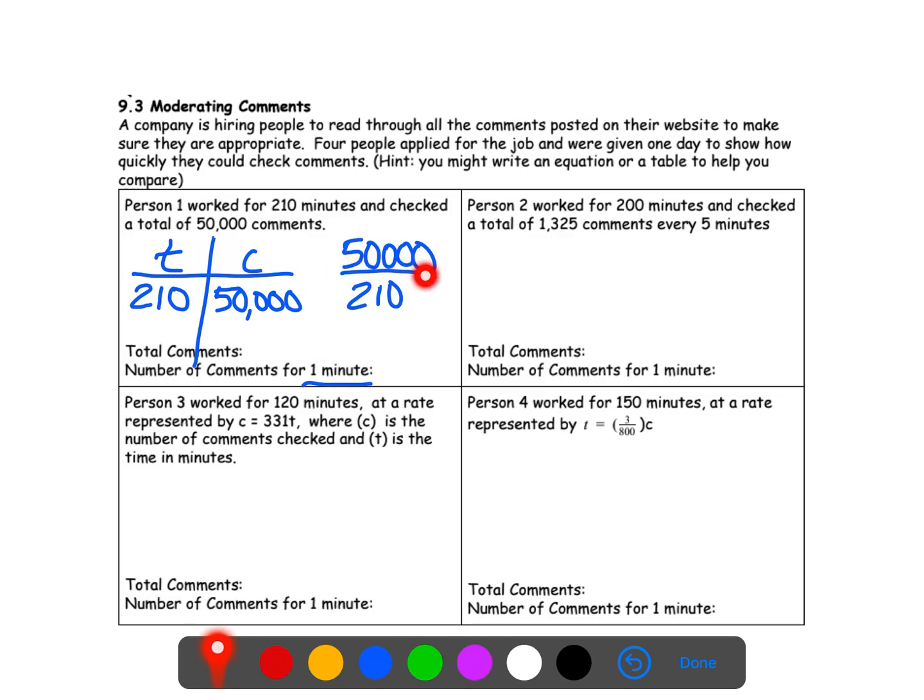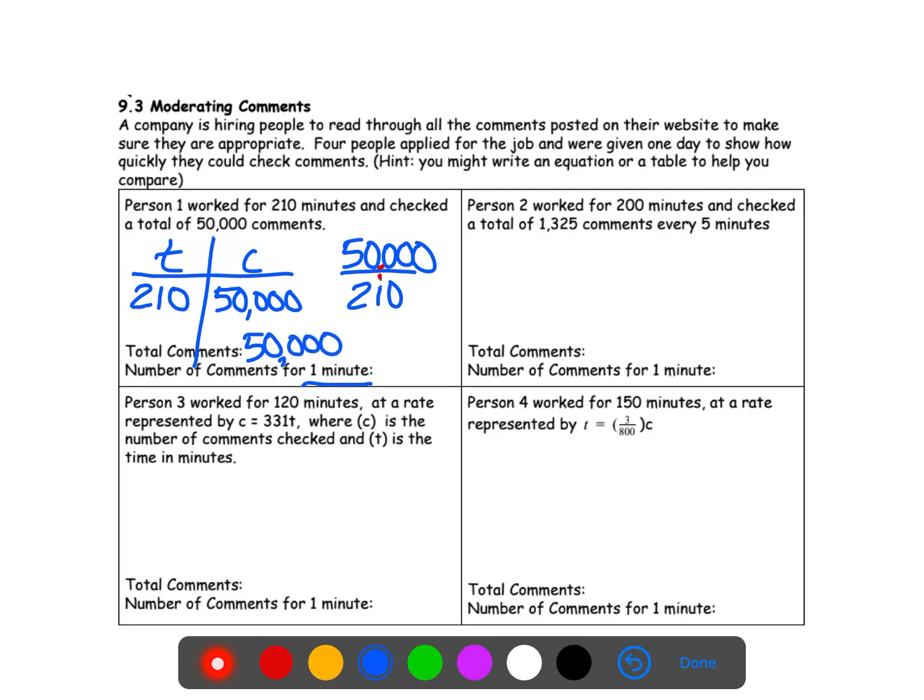If they're checking 50,000 comments in 210 minutes, then 1 comment is going to take just a part of a minute to check, a very small part. And that's not what we're comparing them by. We're comparing how many comments in 1 minute, per minute. So this ratio can be divided. Remember, I can divide 50,000 by 210, and that would tell me, first my total comments would be 50,000.